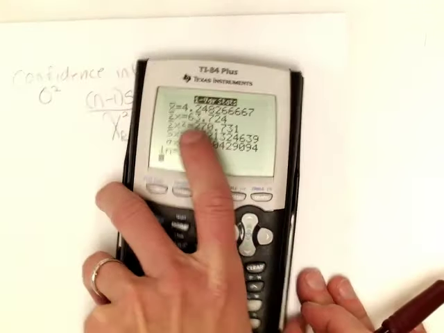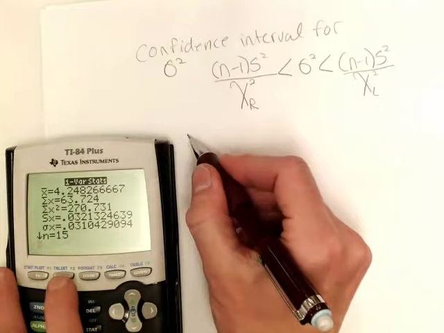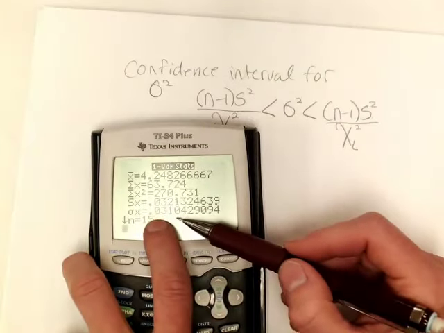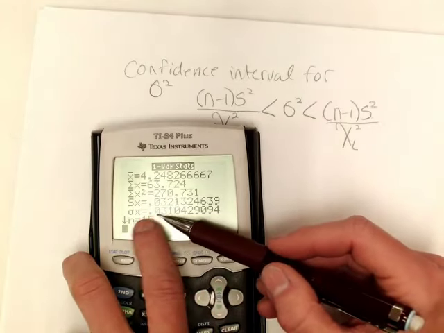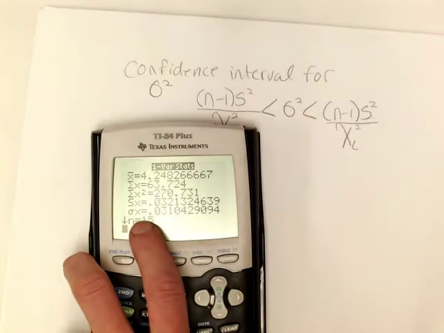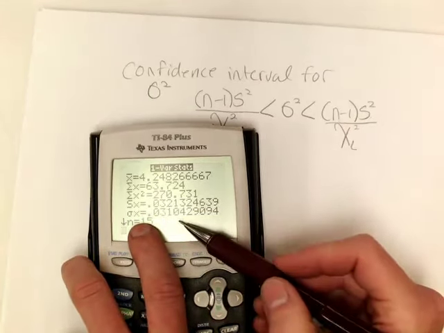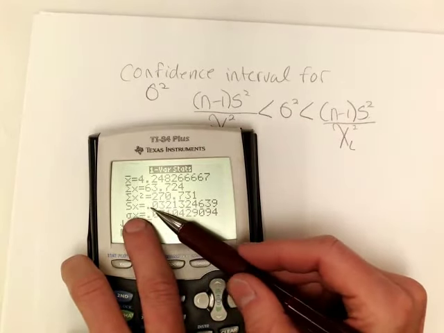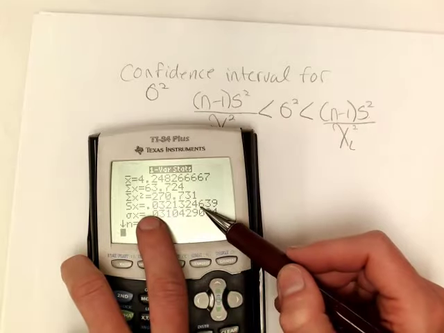Oops, sorry, we want the sample. Let me backtrack for one second. We're not treating this as the population data set, so I'm trying to estimate that with an interval. So what I want is the sample standard deviation.